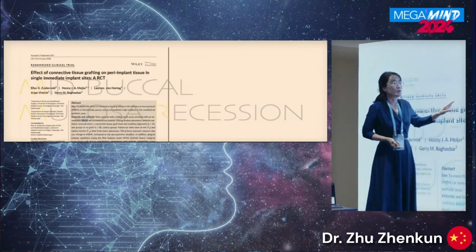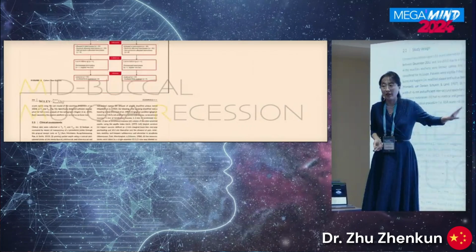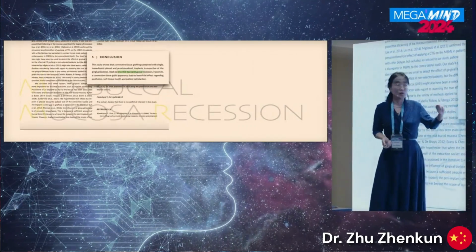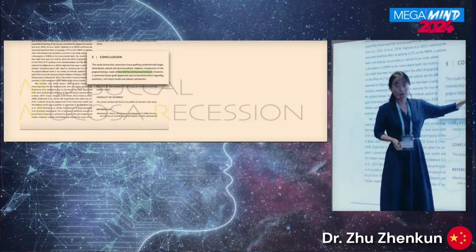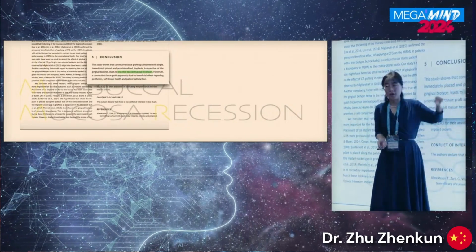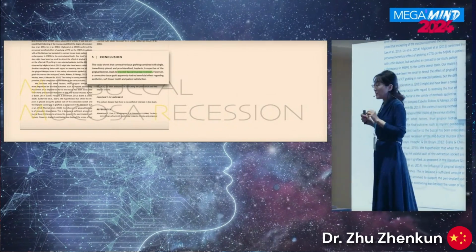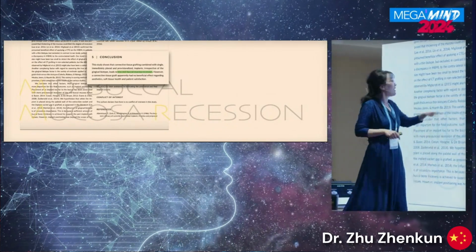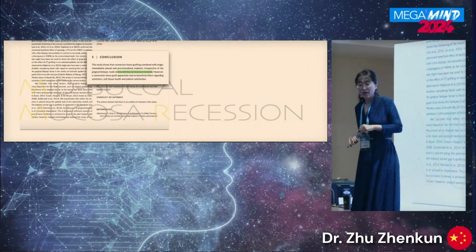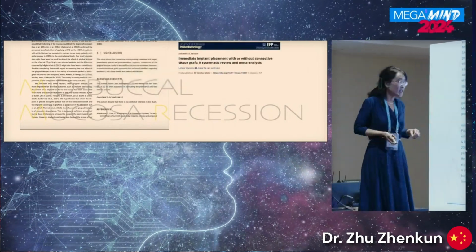We can find the answer in this RCT. After 1 year of follow-up, the connective tissue graft combined with single immediate implant placement has less middle buccal mucosa recession. That is good, right?